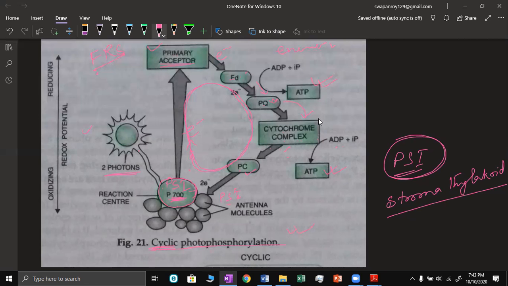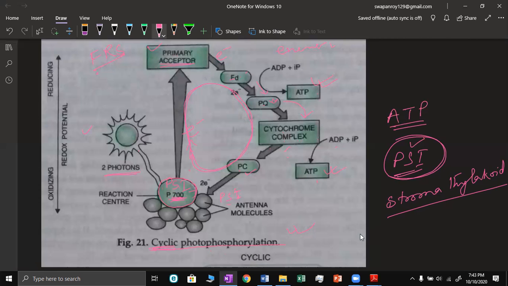In the cyclic photophosphorylation, only PS1 is involved and only ATP is produced. There is no production of NADPH2, and also no photolysis of water.